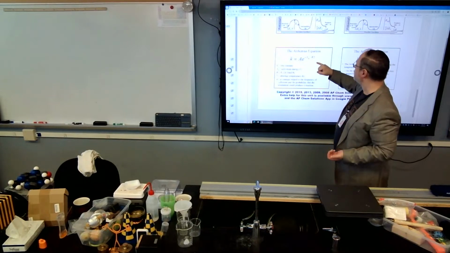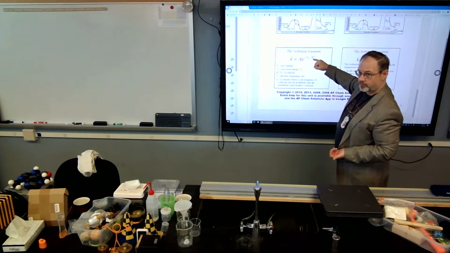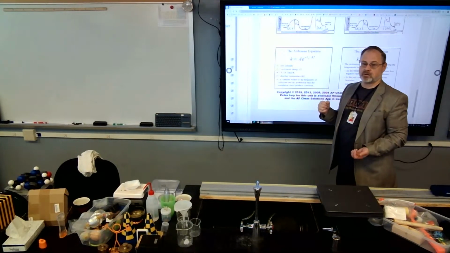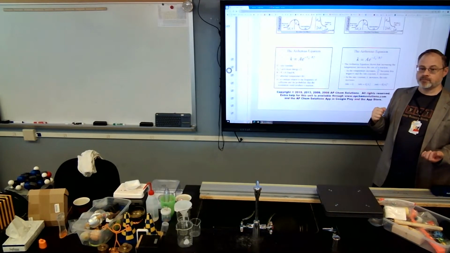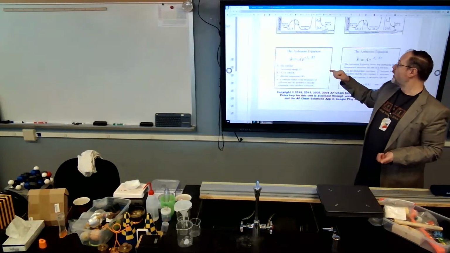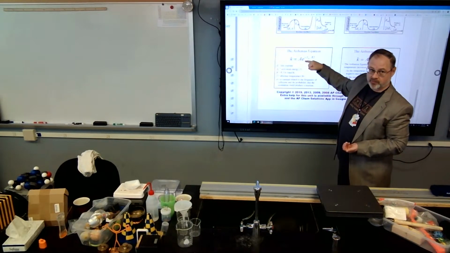And it also should make sense that if you increase the temperature, what happens to K? Increase T here, what happens to K? A lot of sign flipping going on here. You are raising something to a negative exponent.